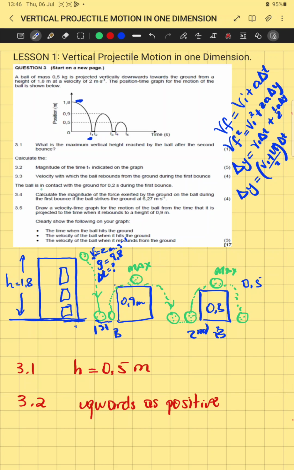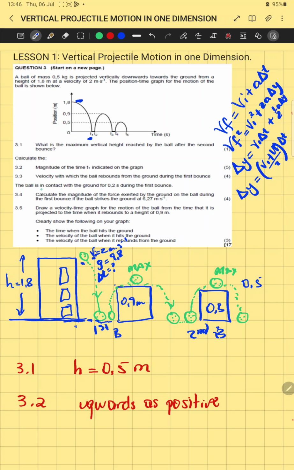Now I want us to calculate the time t1, that is the time when the ball hits the ground from this point over here up to this portion. So we want to know what is the time over here to the ground. That is time t1. It's for 5 marks.